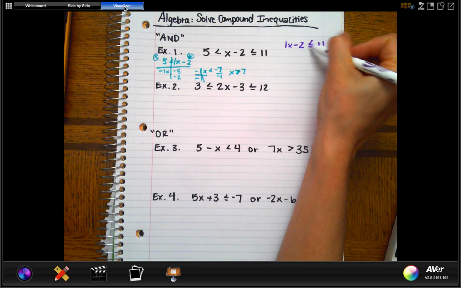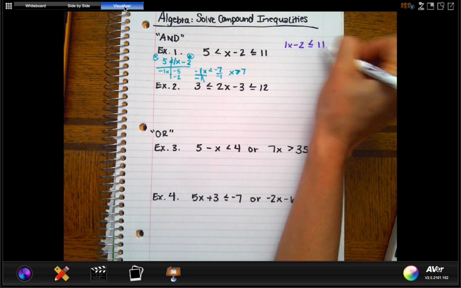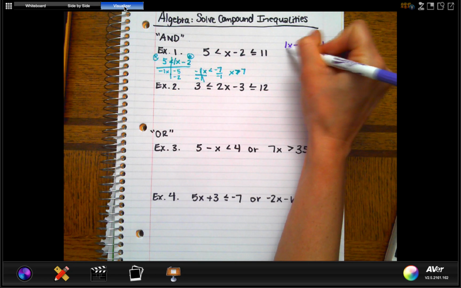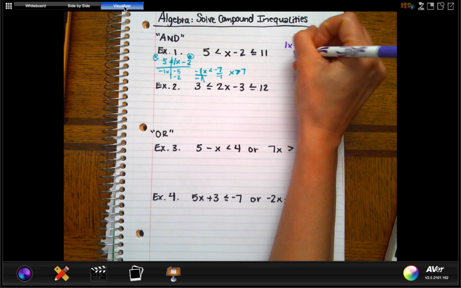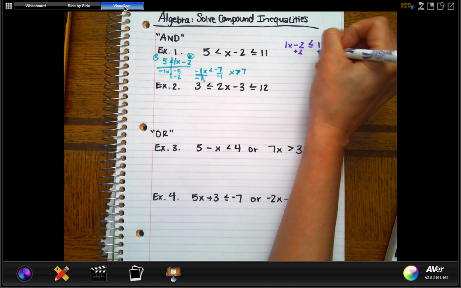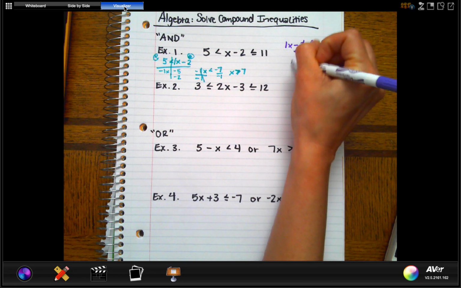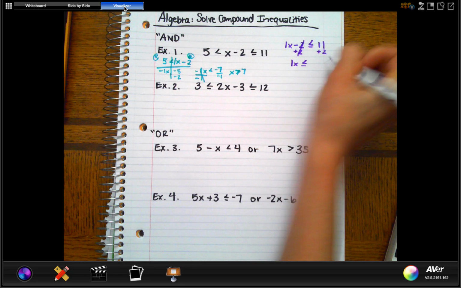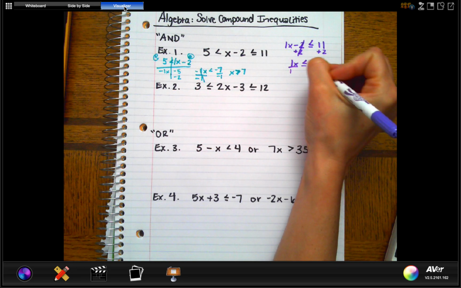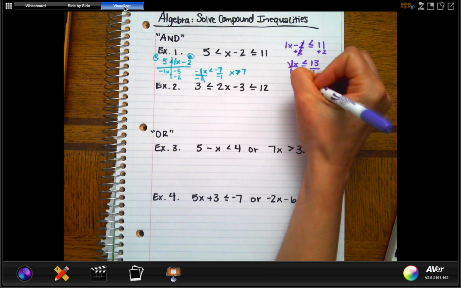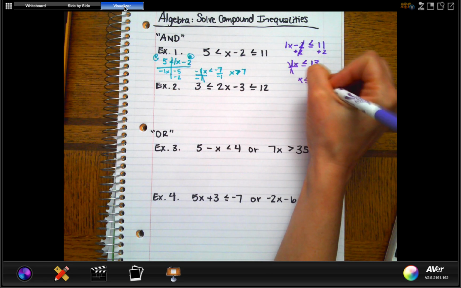This would be your door. 11 is already safe, 1 is in the headlock, and negative 2 will be the first to get out. We get that out by adding 2 on each side. So 1x is less than or equal to 13. Then we divide out this 1 technically, and we get x is less than or equal to 13.